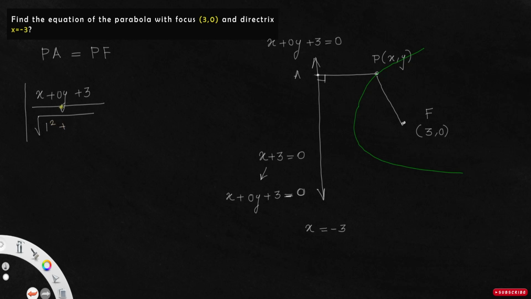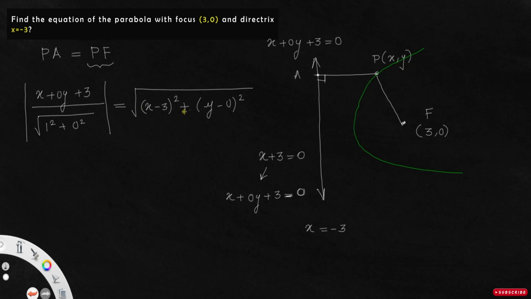The distance PF is the square root of x minus 3 whole square plus y minus 0 whole square. You can use the distance formula: the distance between any two points is the square root of x2 minus x1 whole square plus y2 minus y1 whole square.